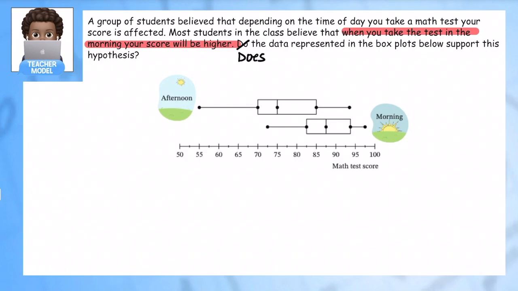Looking at these two data sets, I'm looking at the morning one, and you can definitely see that the morning numbers are higher. They range from 73 to about 98. So that's the first thing I'm noticing for the morning.